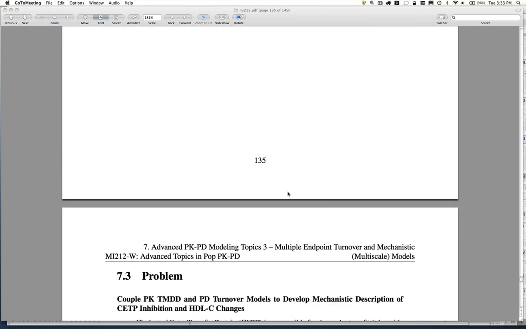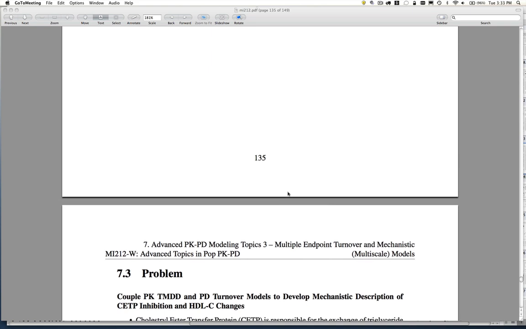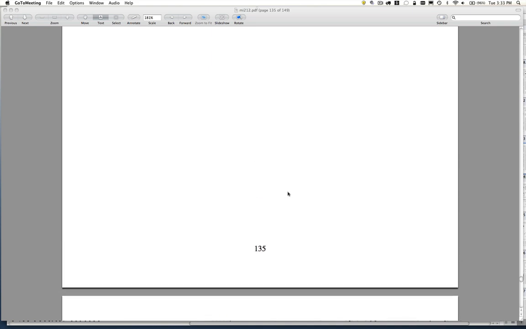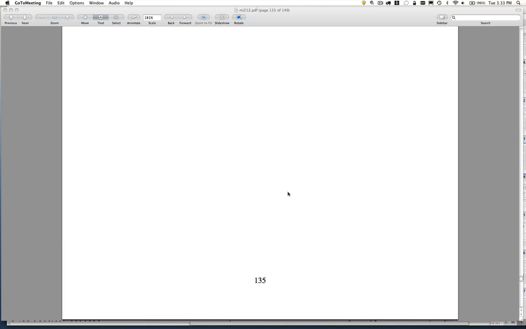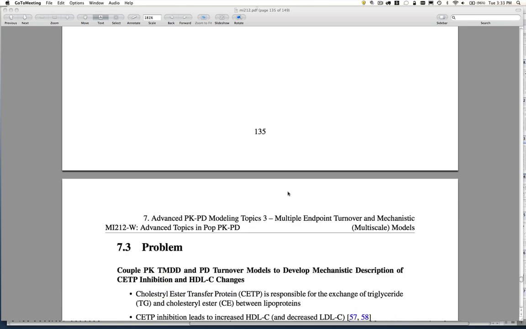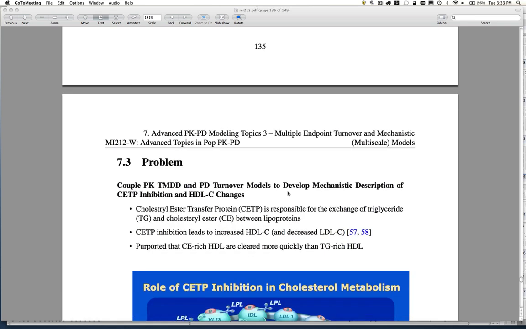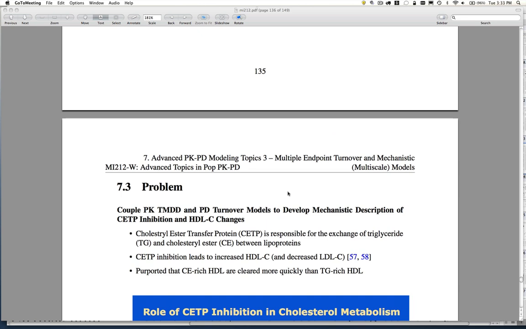What I'm going to do is pause just a minute here before I go into the problem to see if there are any additional questions on that piece of it. Otherwise, we'll get into the setup of the problem for this week.